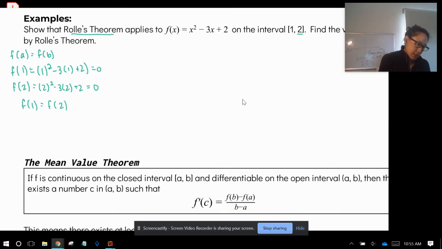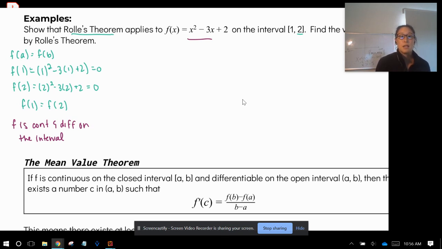The second condition is that f has to be continuous and differentiable on the interval. So I have to actually write it on my paper. I know that a parabola is continuous, and it doesn't have any vertical tangent lines or sharp turns.